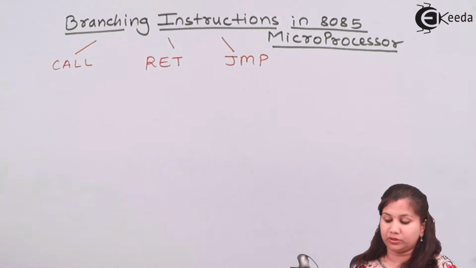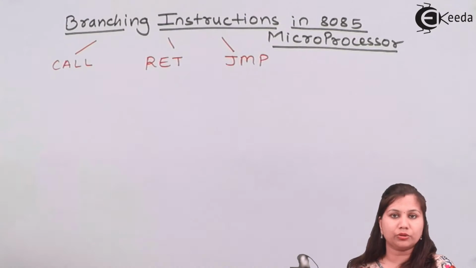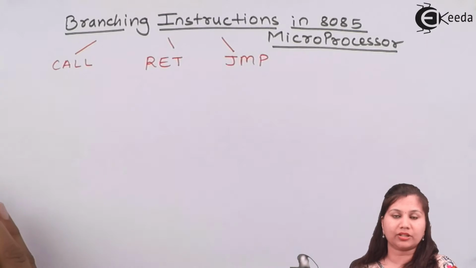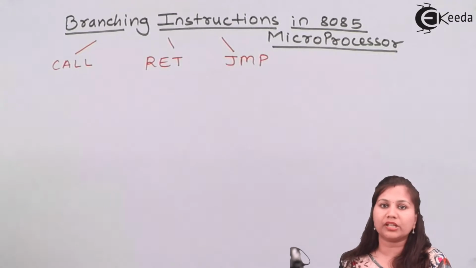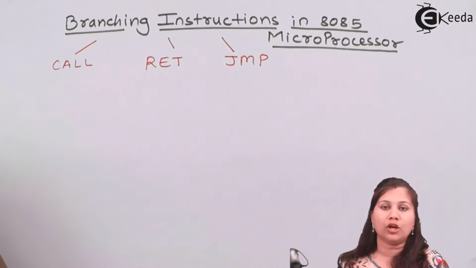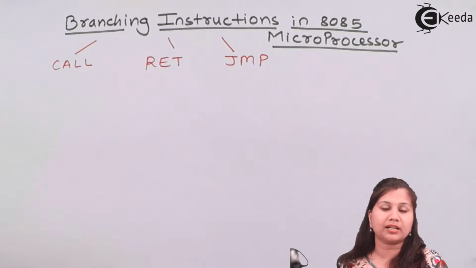Okay, now how does the microprocessor execute any instruction? First it fetches that instruction, then it decodes that instruction, and then it executes that instruction. So this is the complete working of the 8085 microprocessor, how it runs the whole program.